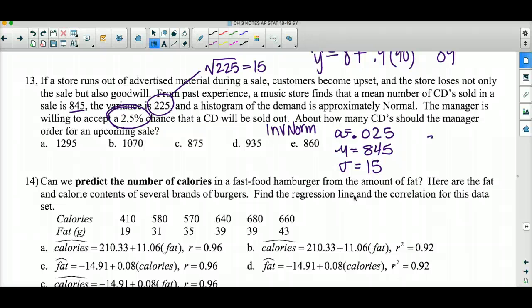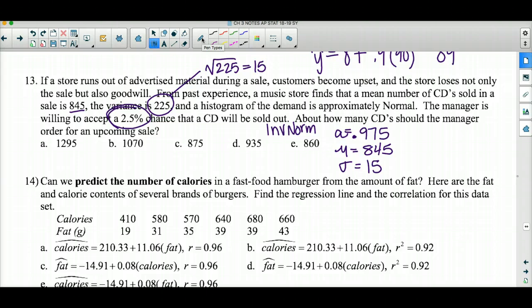So I have 815.6. Oh, goodness, y'all, I went the wrong way. I should rewind this and make it look like I'm smarter than I am. If there's a 0.025 chance that they're going to sell out, what is the probability that you will get a CD? 0.975.